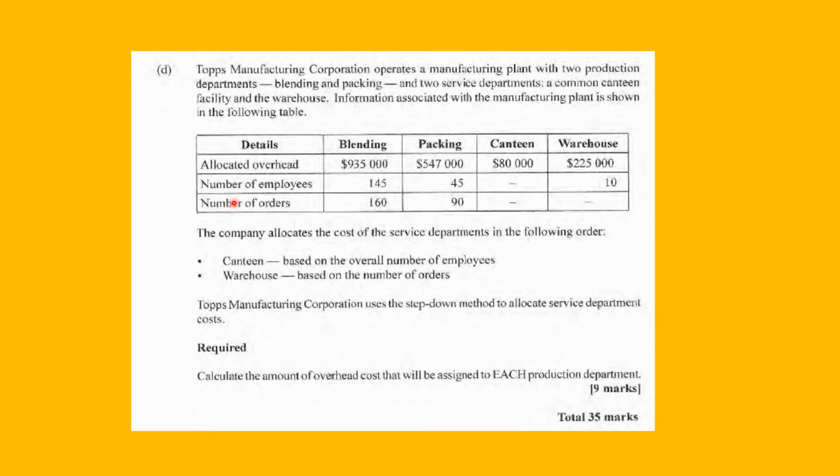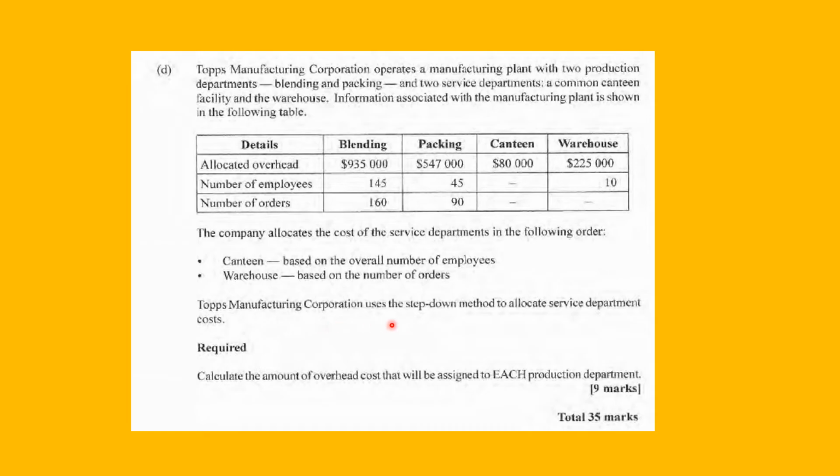Now, if you look at the table itself, you will not be able to answer the question. You have to look carefully at what it says in the additional information. The company allocates the cost of the service departments in the following order: canteen based on the overall number of employees, and warehouse based on the number of orders.